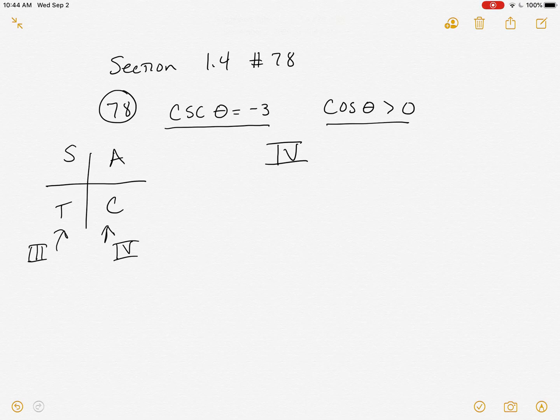So we use these two pieces of information to determine the quadrant. Again, cosecant is negative, and cosecant is the flip of sine, and they gave us that the cosine was positive, so we must be in quadrant 4. That's the only time those two things coincide, as in the lecture notes.